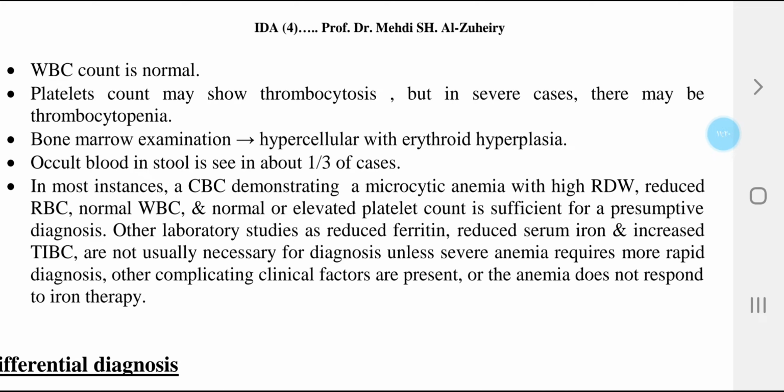Platelet count may show thrombocytosis, but in severe cases there may be thrombocytopenia. Bone marrow examination reveals hypercellularity and erythroid hyperplasia. Occult blood in stool is seen in about 1/3 of cases.